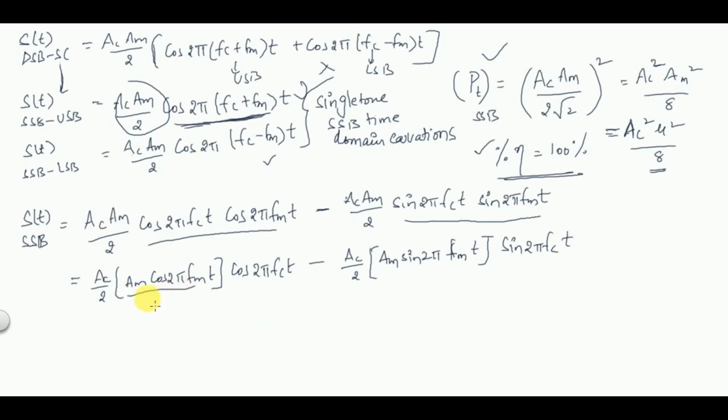Right, so what is Am into cos 2 pi fm t? In the single tone case it is m of t, and in the generalized case this is represented by m of t.